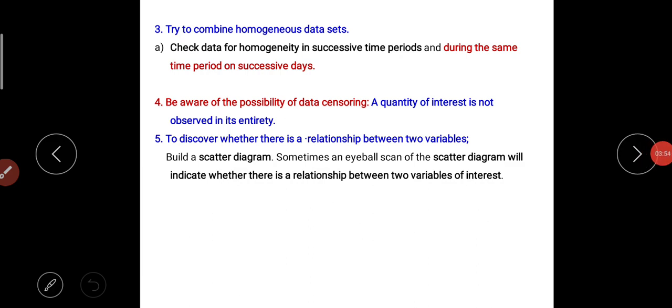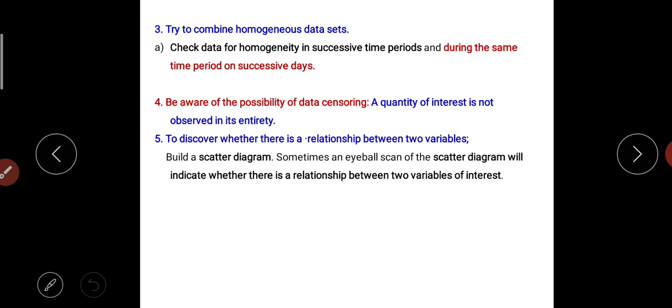The third suggestion is to try to combine homogeneous data sets, that is, check the data for homogeneity, which is collected at successive time periods and during the same time period on successive days. If such data exist, then combine them and form only one set of data.